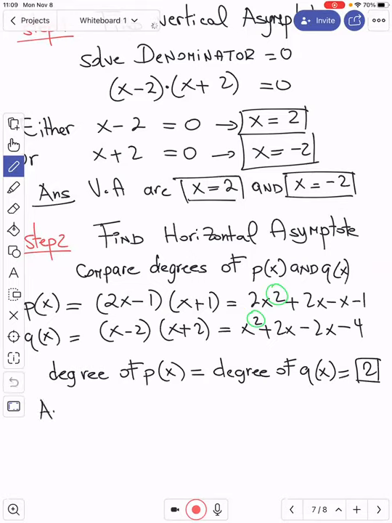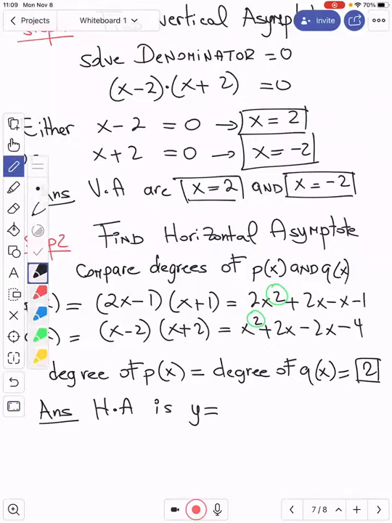the horizontal asymptote is y equal to the ratio of the leading coefficients. Now, the leading coefficient of P is 2, right? This is 2x squared, so in the top that's supposed to be 2.